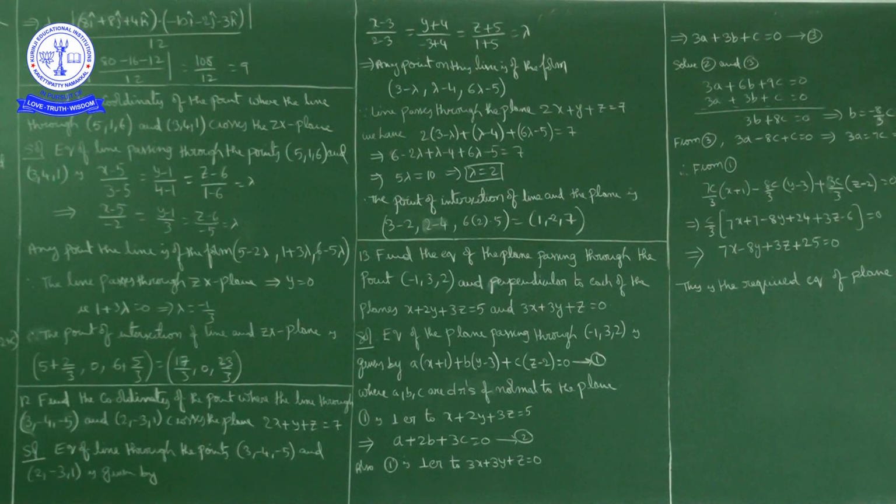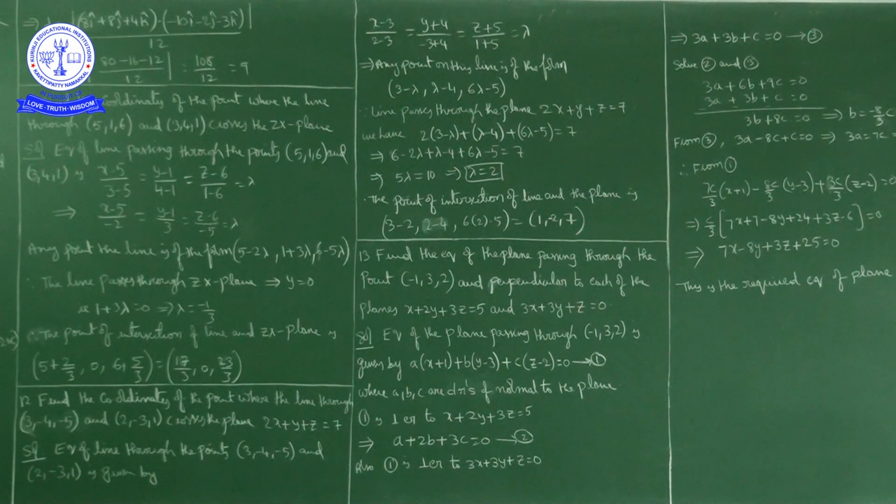2. Now by substituting the lambda value 2 here, we get the point of intersection of line and plane: (3 - 2, 2 - 4, 6 into 2 - 5), so nothing but 1, -2, and 12 - 5 = 7.